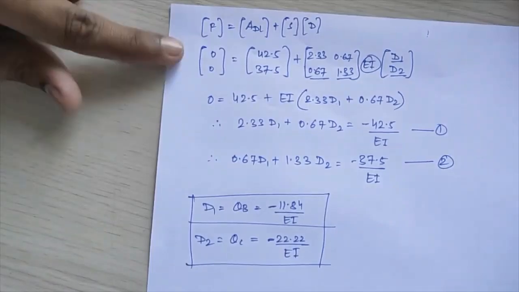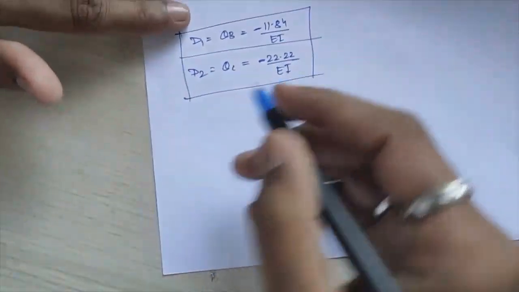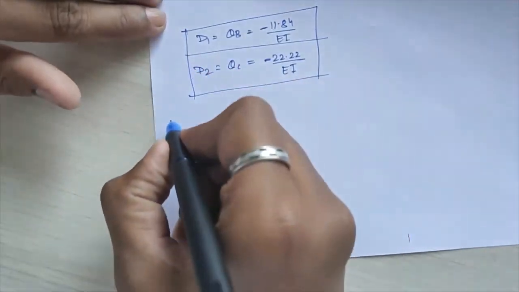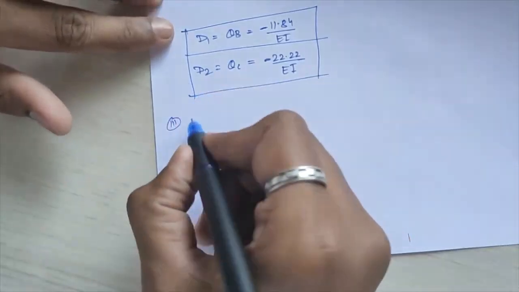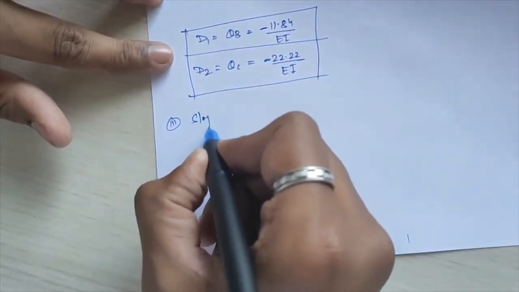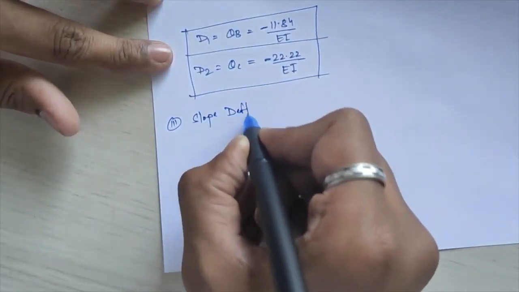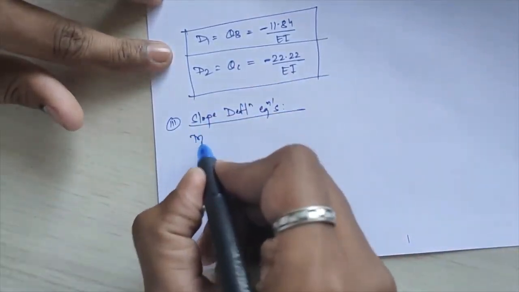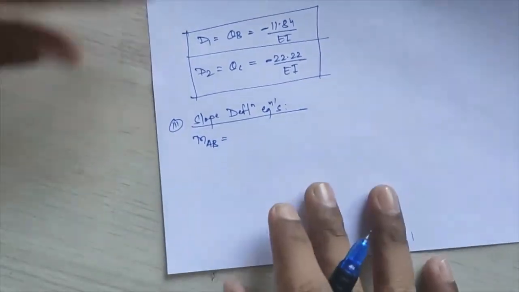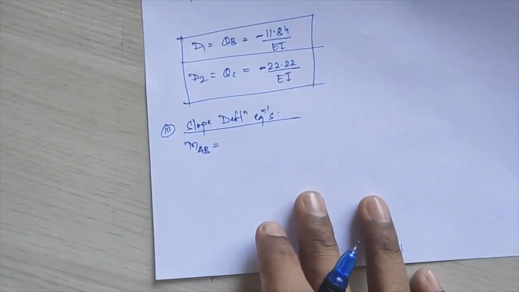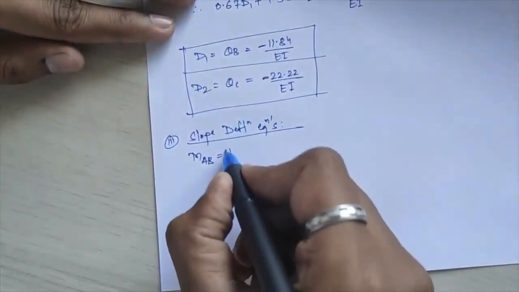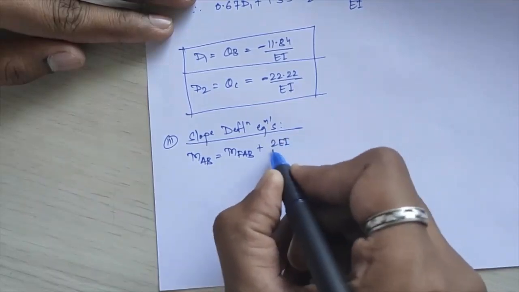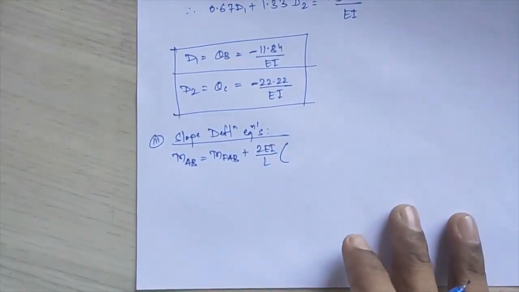Now you have to calculate the support moments from this. For that, the next step, step number 3, is the slope deflection equations. Now for the first member, MAB is equal to, as per the slope deflection equation, we always take the MFAB value first, plus 2EI upon L into the bracket of near-end rotation.